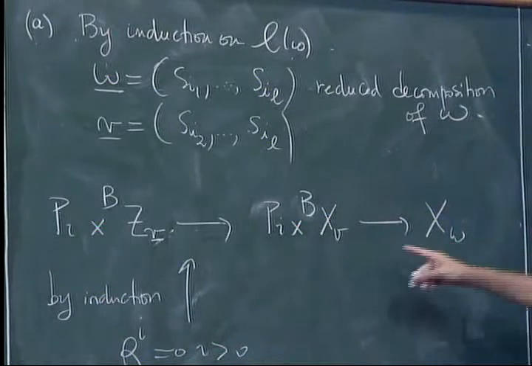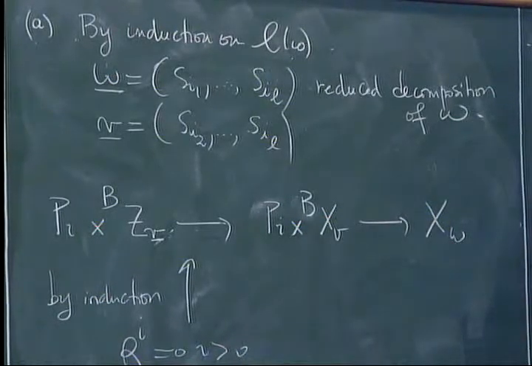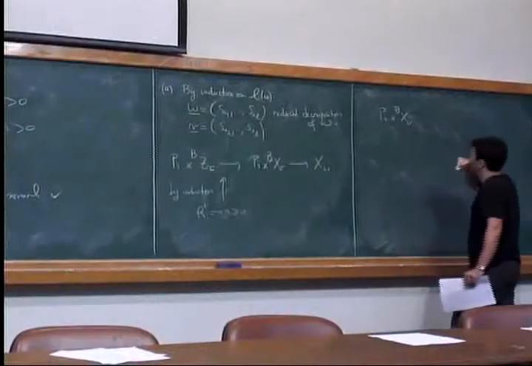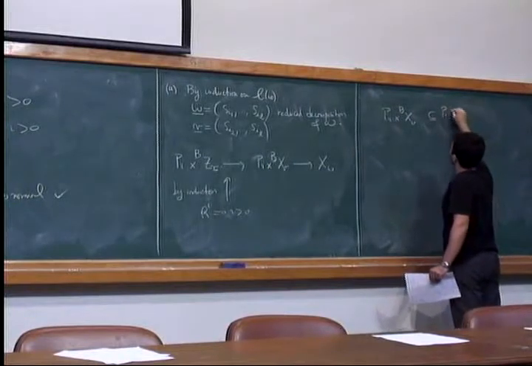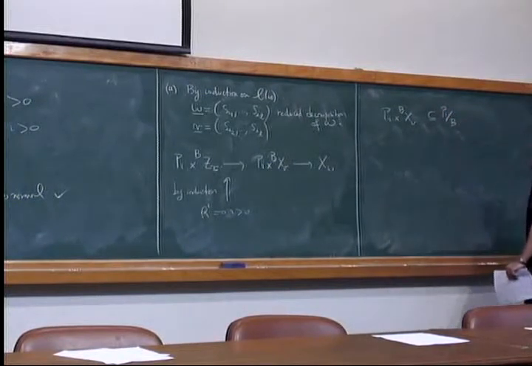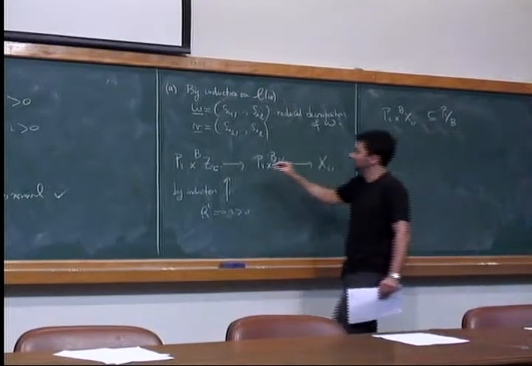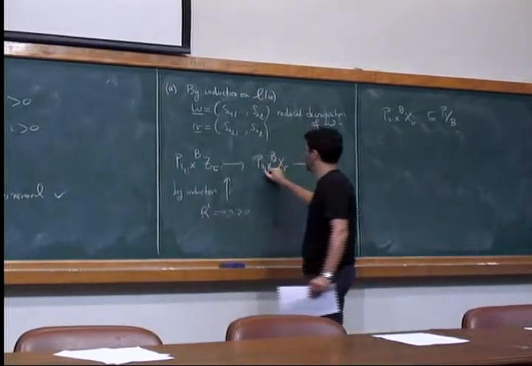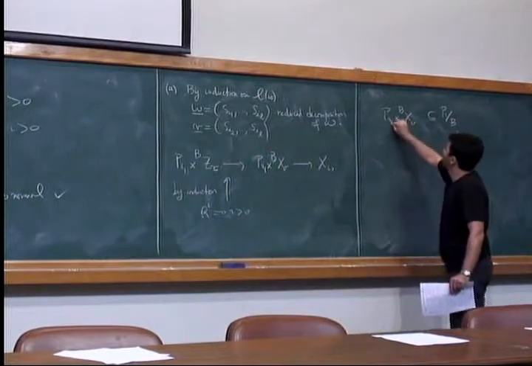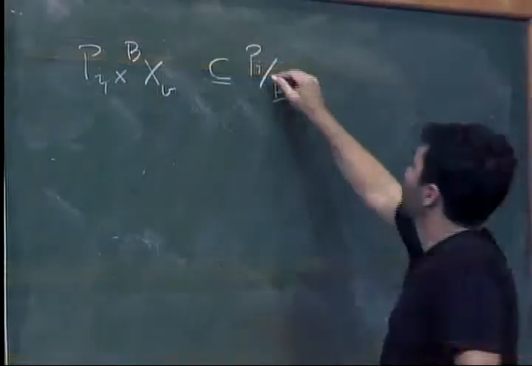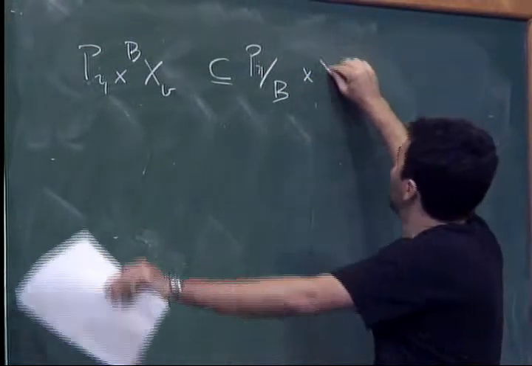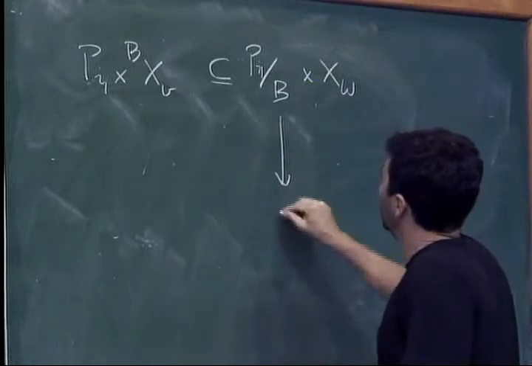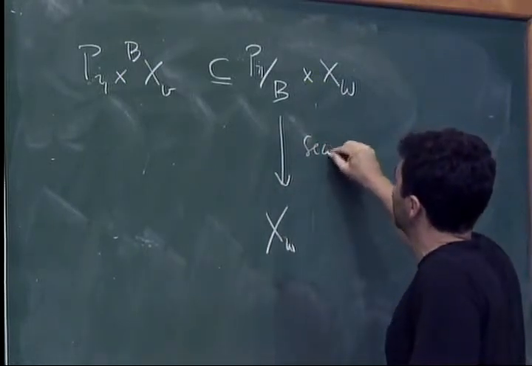And for this one, for instance, you can show that this map can be decomposed as follows: first you look at pi. So this is not pi, this is pi_1. So this is pi_1 mod out by B cross X_w, and here you get the second projection.